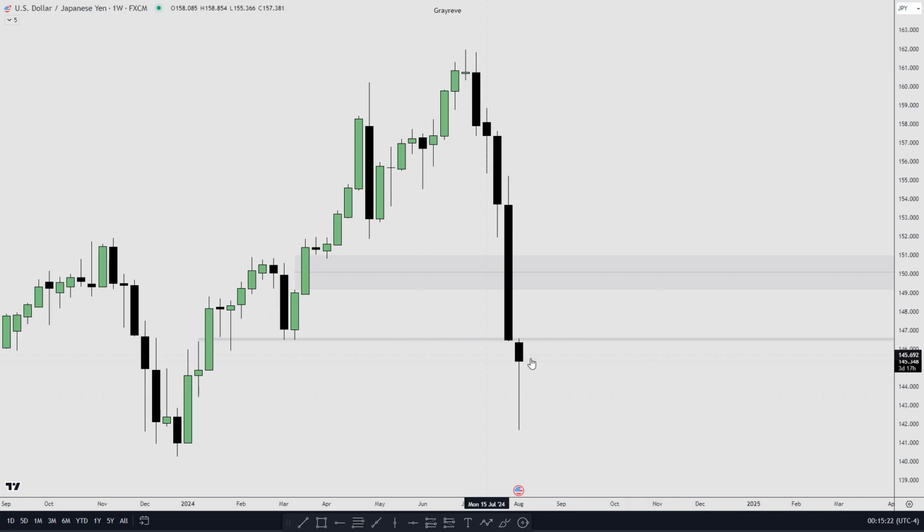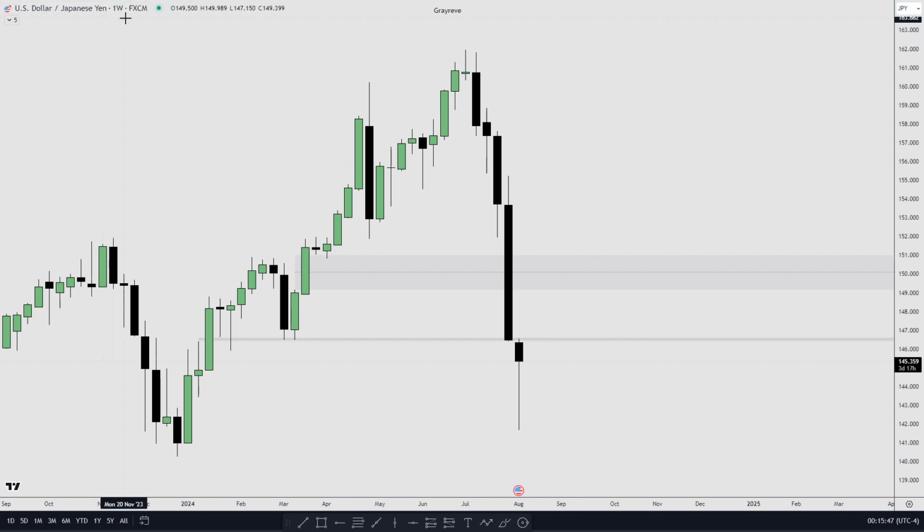So if you want to be really aggressive, which is not what I recommend, you can take this as your short, aiming for this rejection block. But as you can see, the risk to reward is way too high. What I would recommend is you wait for price to trade into this level here, and then you look for a lower time frame stop hunt.